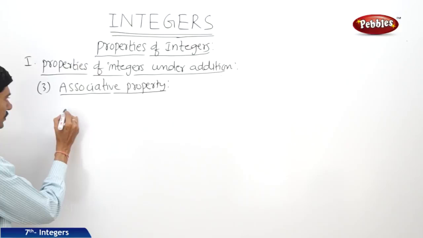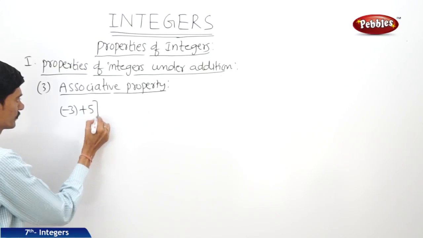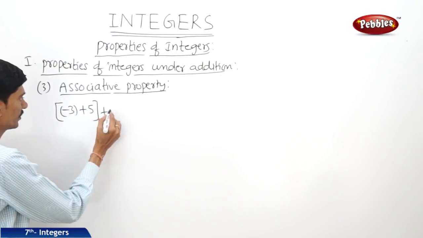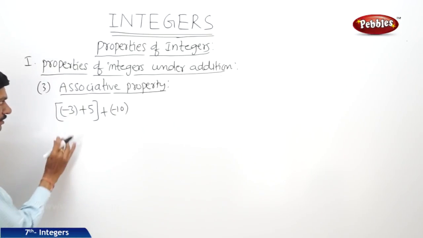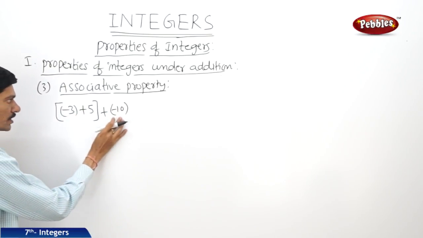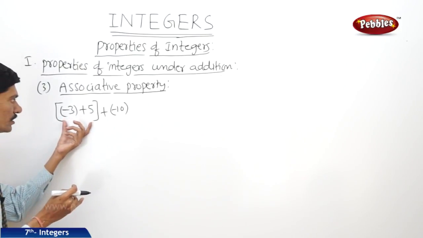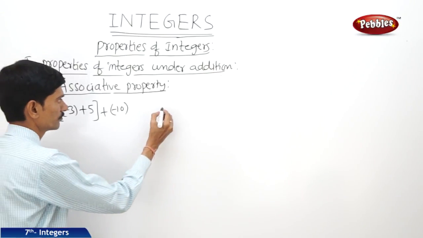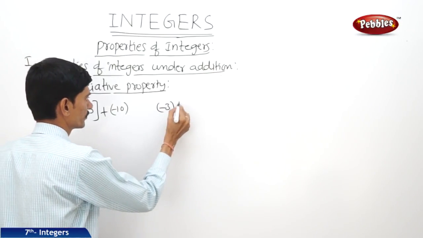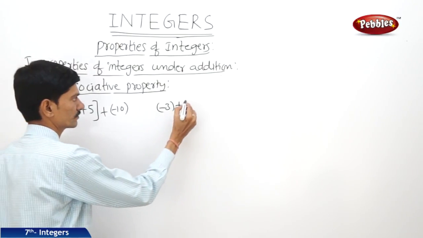First let us take minus 3 plus 5 plus minus 10. Here we are adding minus 3, 5 and minus 10, but we are grouping minus 3 and 5 together. For this sum we are adding minus 10, and in the second case we group 5 and minus 10, then we add minus 3.